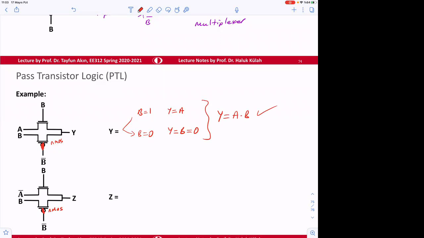For this other case, the bottom case, what is Z? So how can we find out about Z? You know, when B is equal to 1, Y is equal to A bar, and when B is equal to 0, Y is equal to B. So what is this logic?